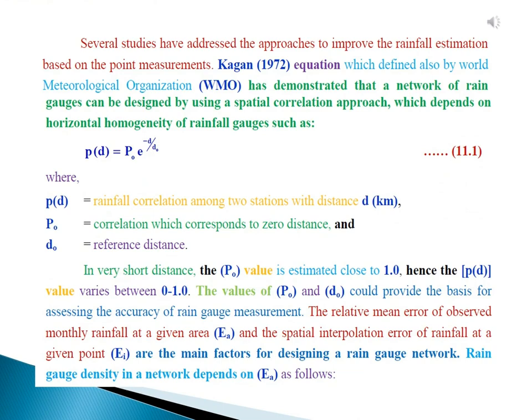Several studies have addressed approaches to improve rainfall estimation based on point measurements. The World Meteorological Organization has also demonstrated that the network of rain gauges can be designed using a spatial correlation approach, which depends on horizontal homogeneity of rainfall gauges, as illustrated in the enclosed equation in front of you, my dear.